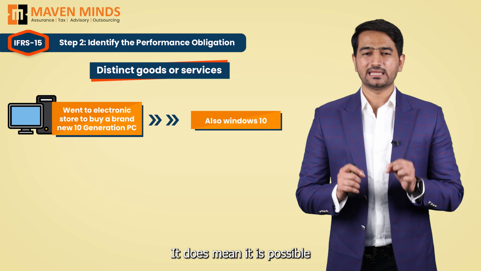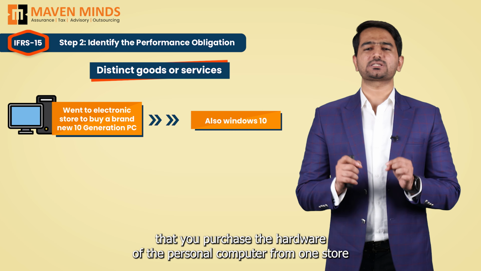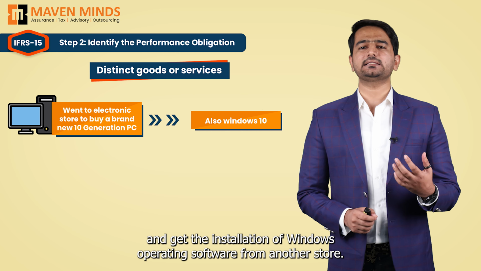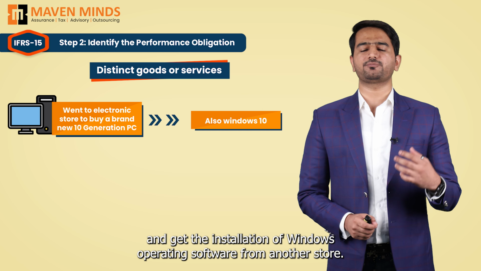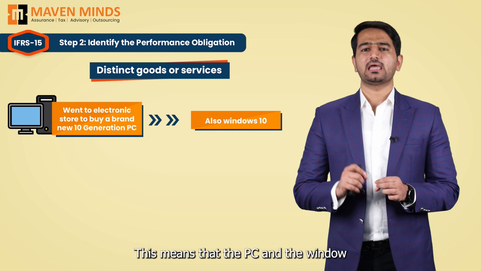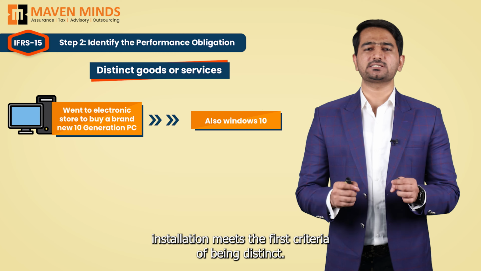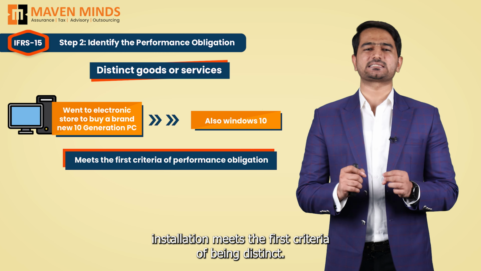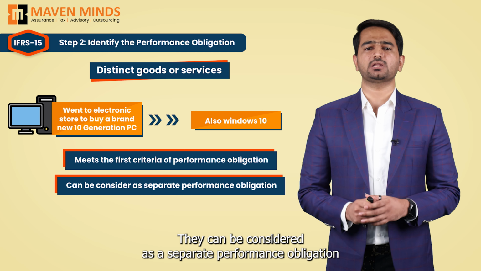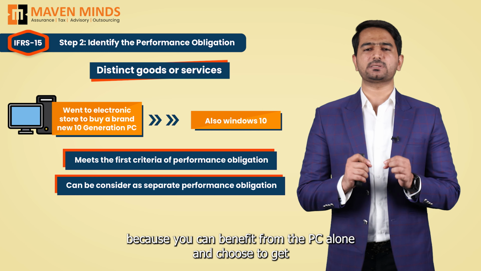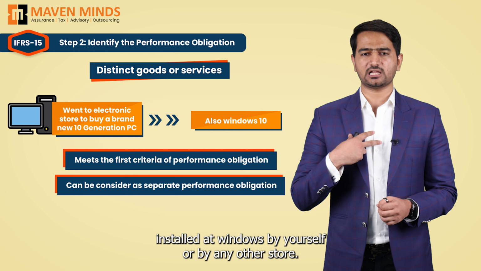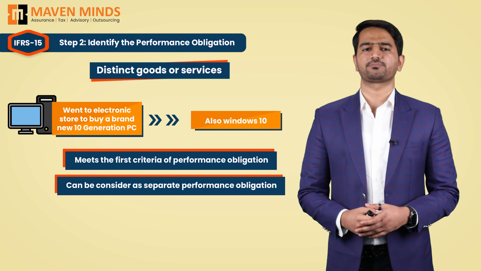It means it is possible that you purchase the hardware of the personal computer from one store and get the installation of Windows operating software from another store. This means that the PC and the Windows installation meet the first criteria of being distinct. They can be considered as separate performance obligations because you can benefit from the PC alone and choose to get Windows installed by yourself or by any other store.